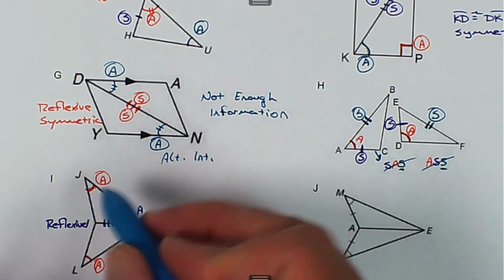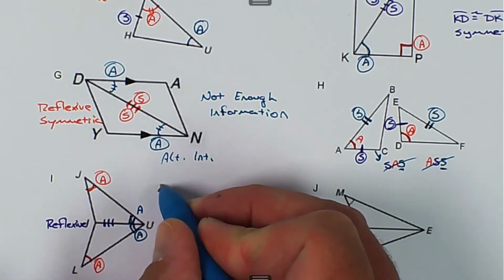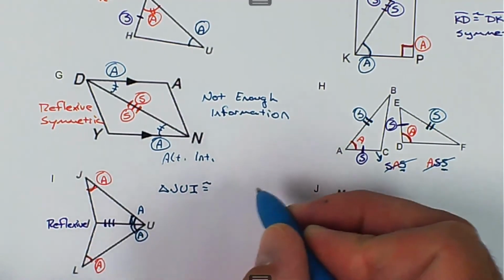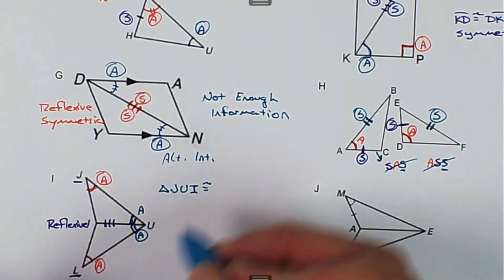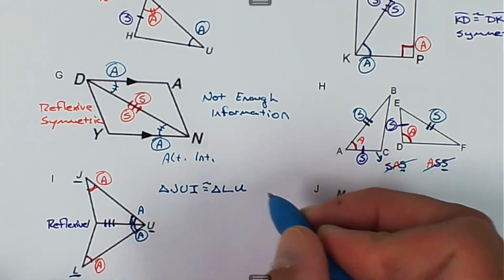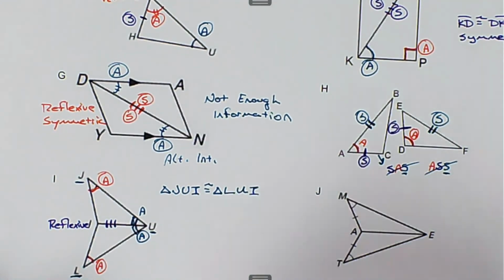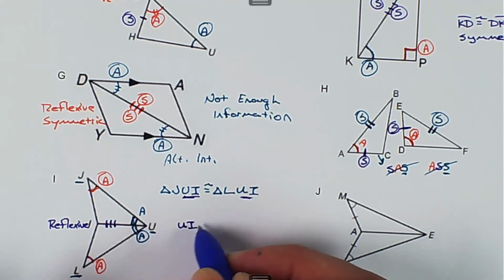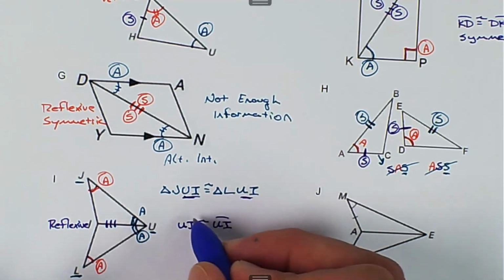So we can say if we start with J, which is 1, 2, and then it goes to none. So triangle JUI is congruent to, J was with, triangle LUI. And then that reflexive part comes in where UI is congruent to UI by that reflexive property.